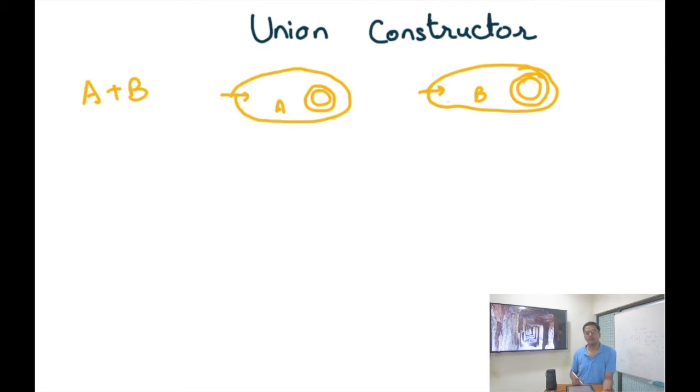Recall that A plus B indicates the union operator, which means that a string is accepted if it is accepted by either A or B. So if you want to represent the same fact in an NFA, what are we going to do? Well, we are going to just put the NFAs in parallel and say that if the string is accepted by any of them, then it's accepted by the larger NFA. So to do this, we are going to have a start state.